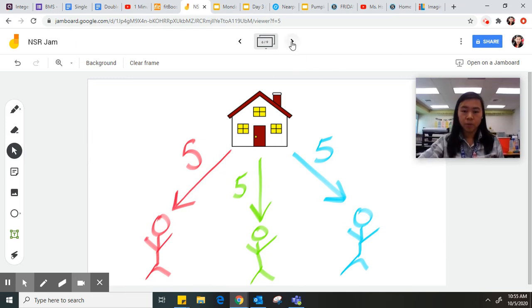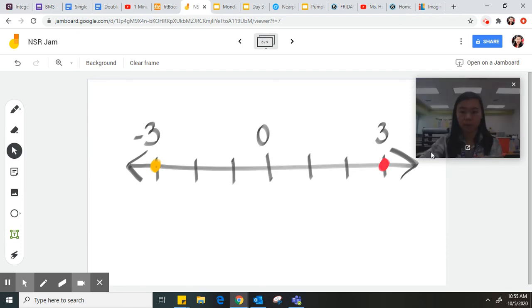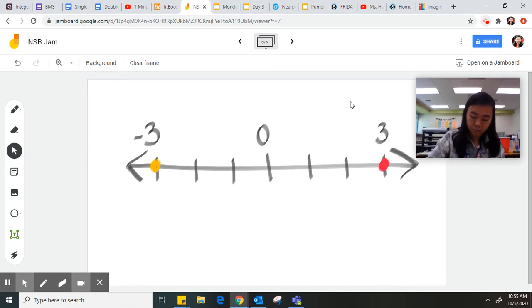All right, so now let's look at this in terms of a number line. If I'm looking at an absolute value of a number, we're pretending like the 0 is a house. How far away are these numbers from this house? Same situation here. I don't care if I'm going to the right or to the left. I just want to know how far away you are from the house.